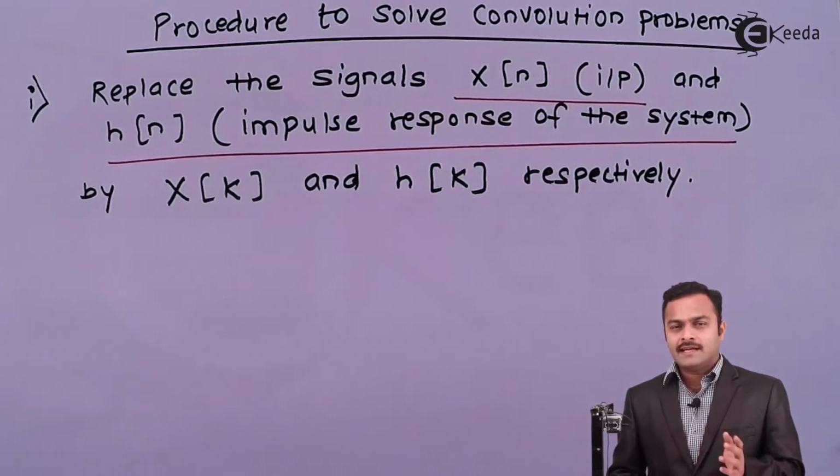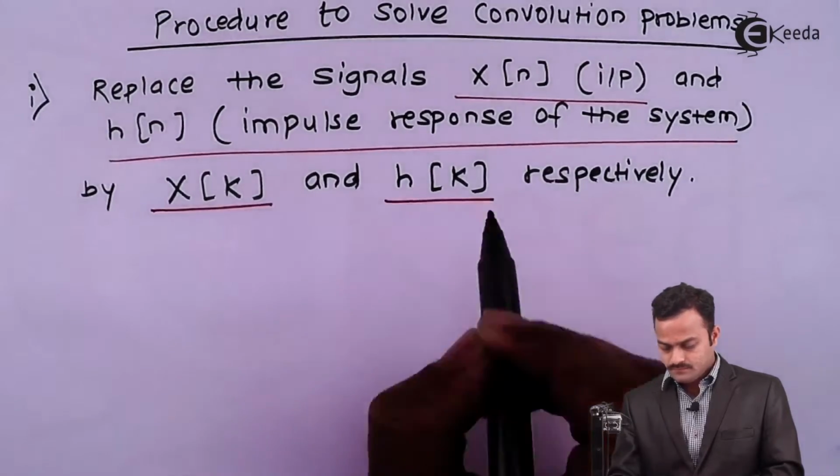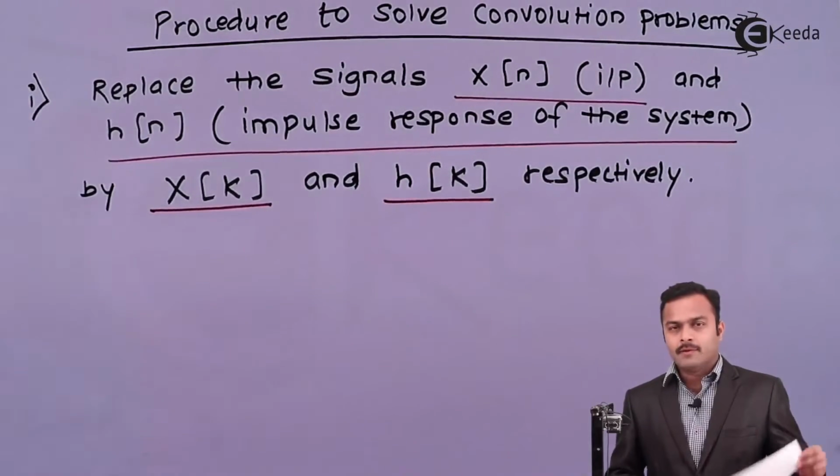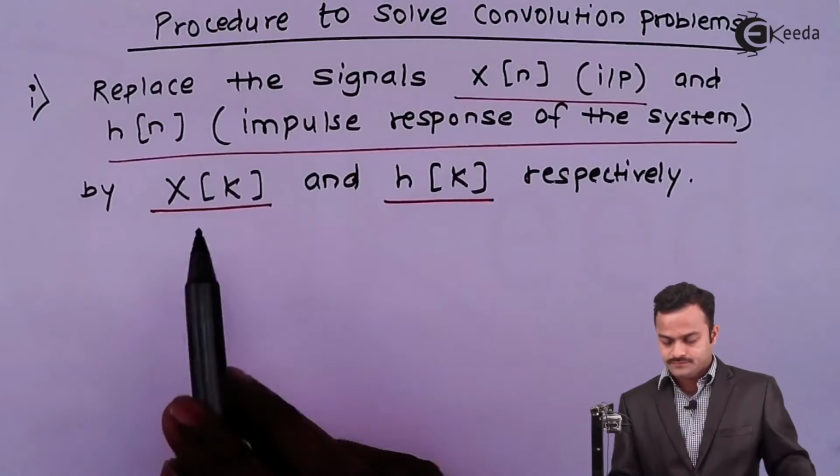So here we haven't done anything great. Instead of n, we replace the independent variable by k. So that will be our first step. Remember, I am just taking this formula as a reference. So x of k is obtained now.